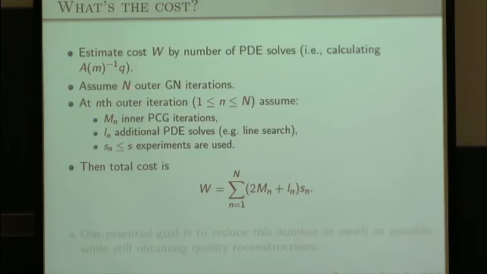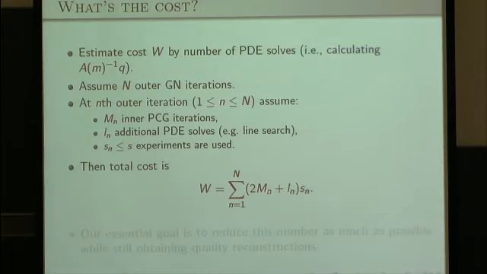And so if we have big N outer Gauss-Newton iterations, in each of those we have big M sub N inner preconditioned conjugate gradient iterations, and some stuff that let's not worry about. And if we use in the nth Gauss-Newton iteration S sub N experiments, then the total cost would be 2 times M sub N times S sub N, and we sum that from 1 to big N.